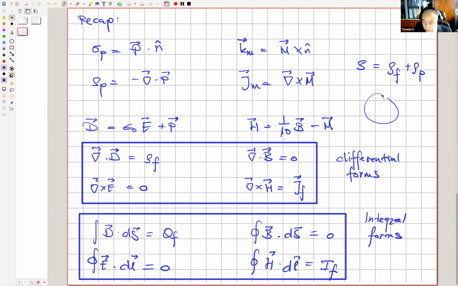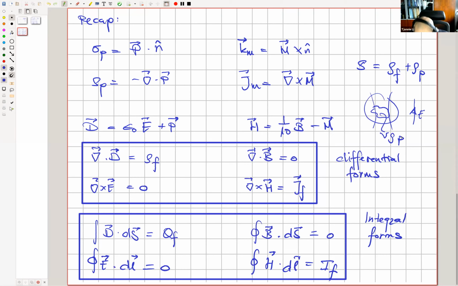Let's consider some conductor, and if I apply a field, and let's apply it in a non-uniform way, I end up creating a field here so that there's some non-uniform polarization, so that there's some charge density here, which is rho p.